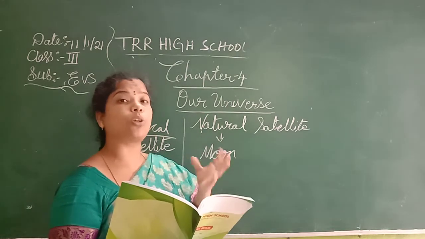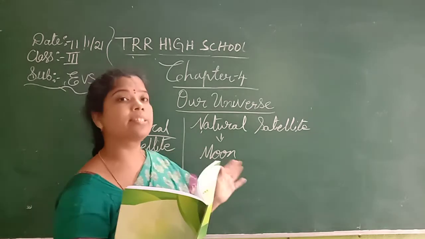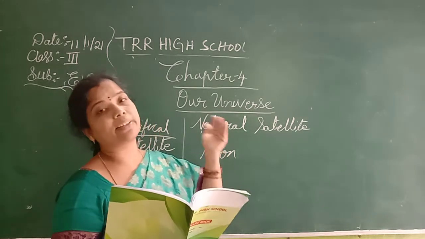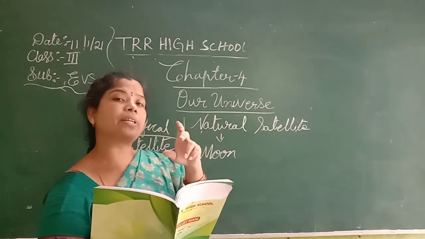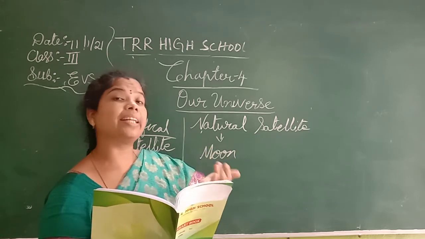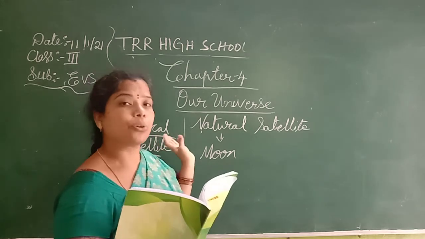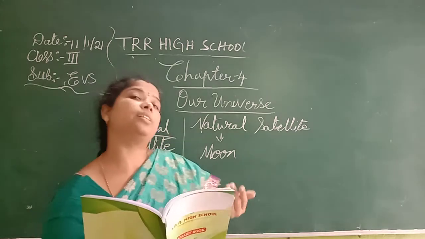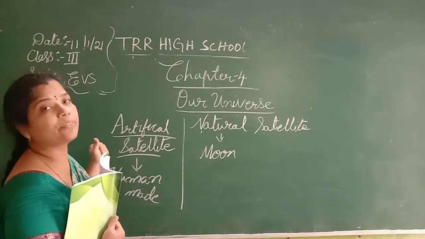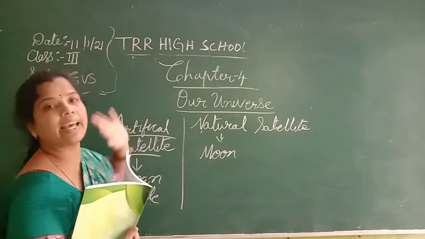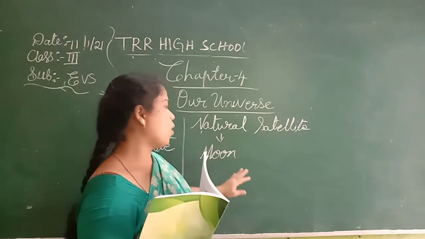How did we come to know that there are rocks on the moon? By these artificial satellites, they send the rockets, and the satellite takes the pictures, and through that we get the information that there are rocks. We came to know that there are rocks on the moon. So the artificial satellite is made by human beings, from which we get information about what is there in the universe, and natural is by God itself.